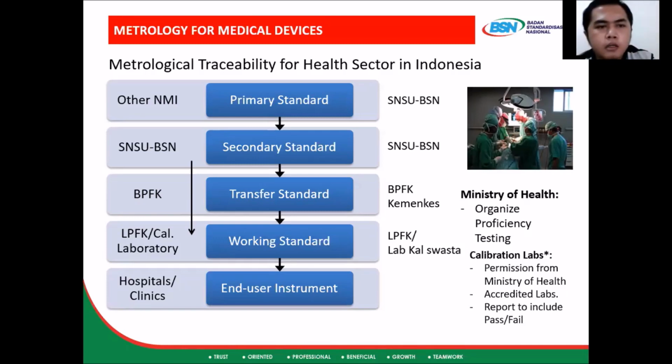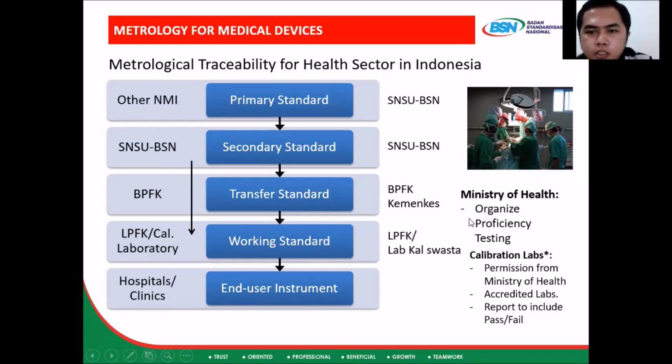And some of our standards we can realize to the SI using our primary standard, or we send them to other NMIs for calibration.